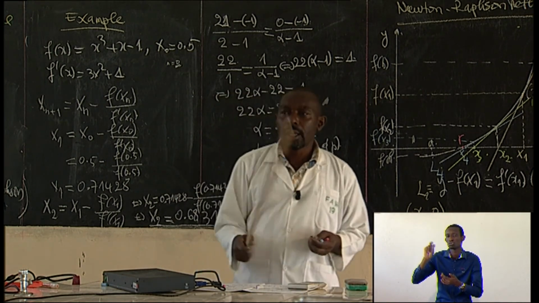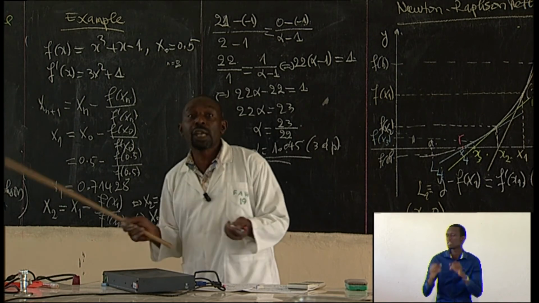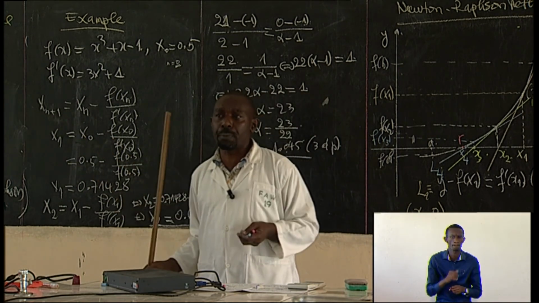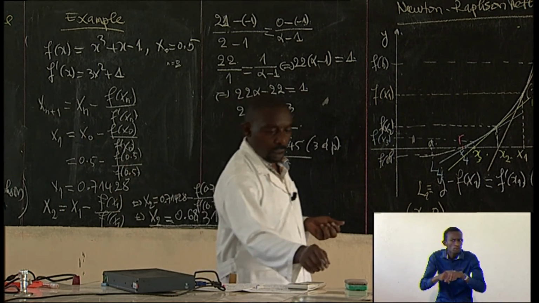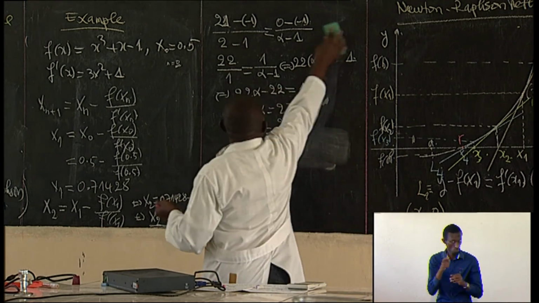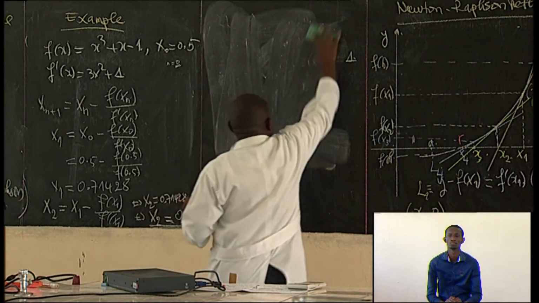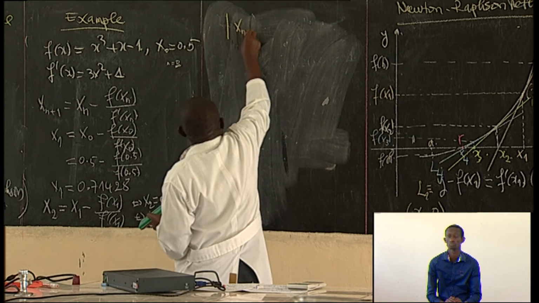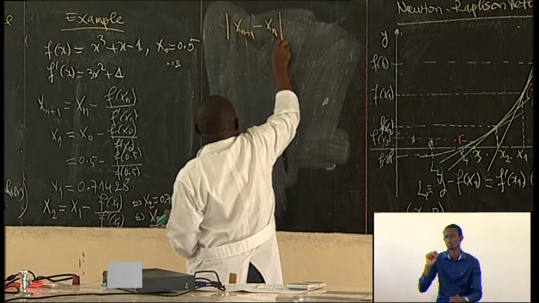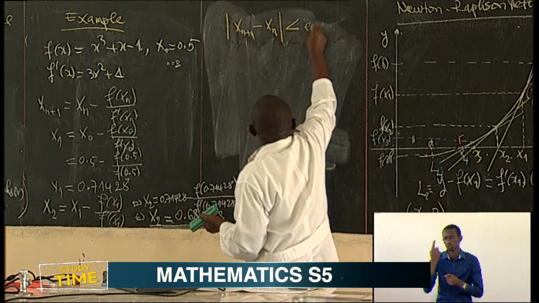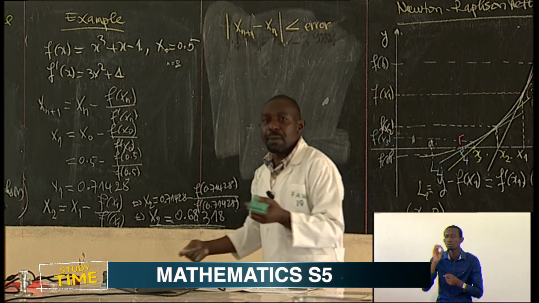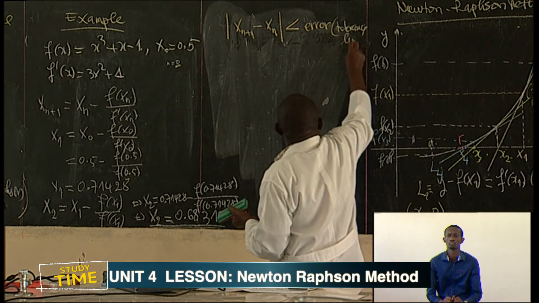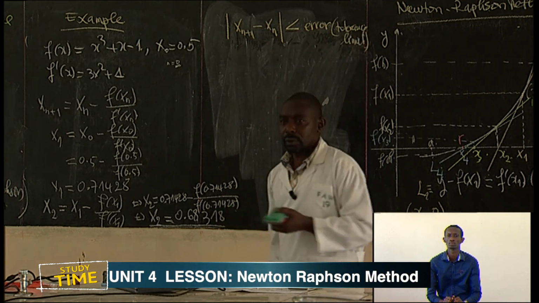Remember, when we are approximating the root, we shall make errors. So how will you know if you have to stop? In case you get xn plus 1 minus xn equal to the given error or tolerance limit, then you have to stop.